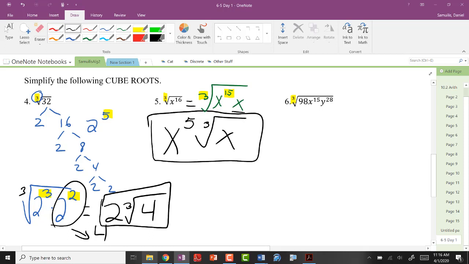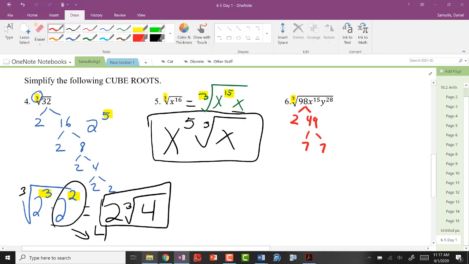Okay, so I have the cube root of 98, x to the 15th, y to the 28th. So we're going to break down that 98. That's 2 times 49, which is 7 times 7.